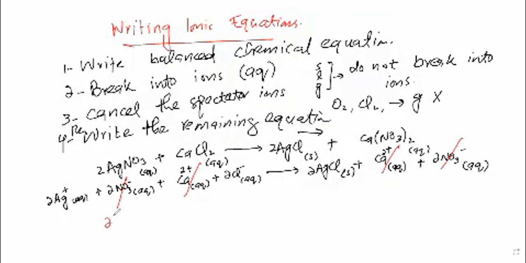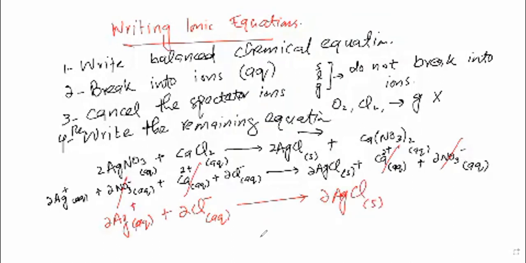The remaining 2Ag+ aqueous and 2Cl minus aqueous will react to form 2AgCl solid. So this is the ionic equation.